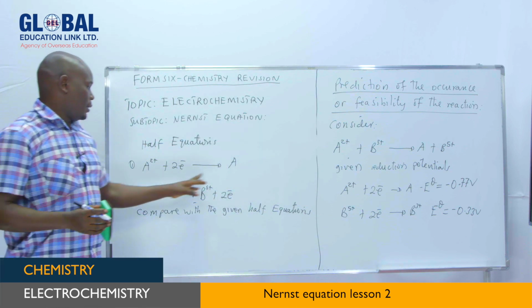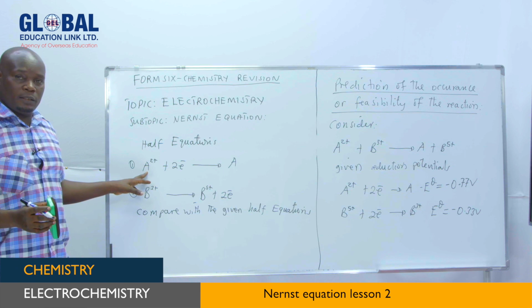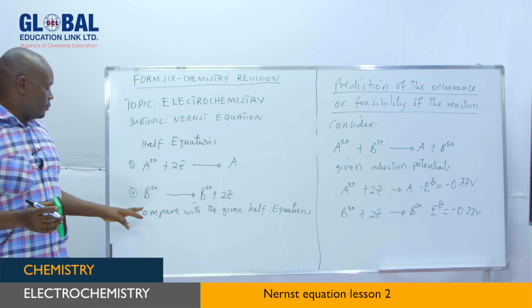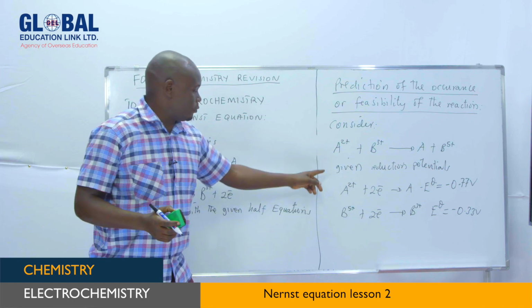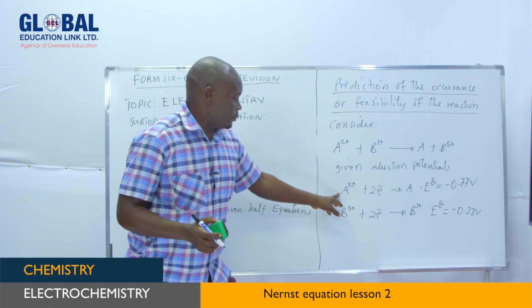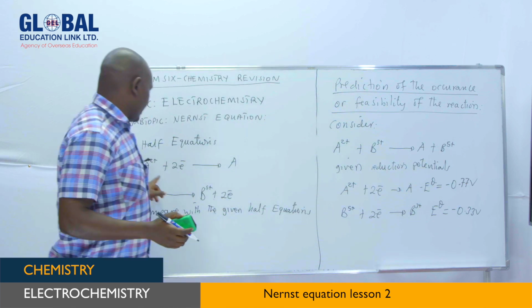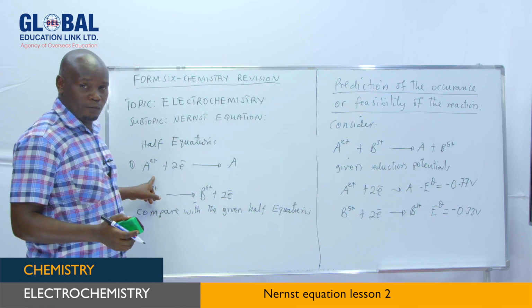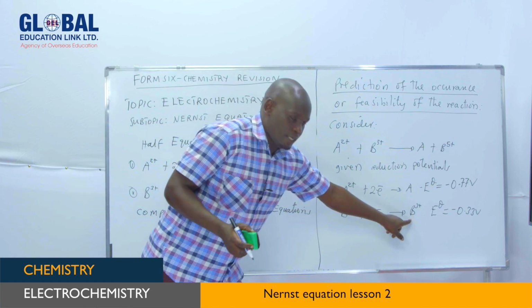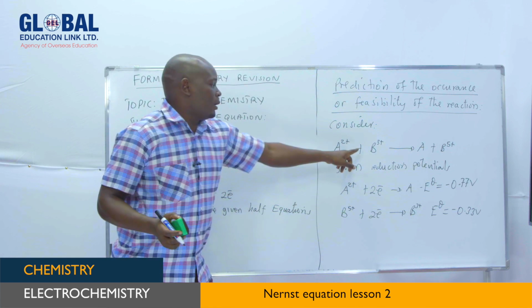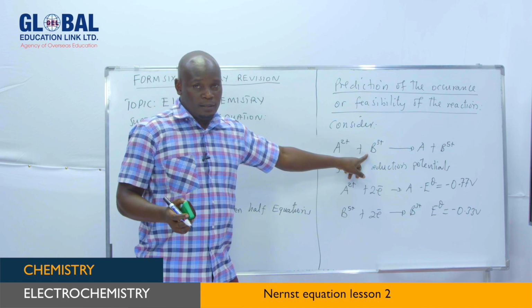Here, A is being reduced, but B is being oxidized. In our given half equations, A has been reduced, which is the same as the one we obtained from that reaction. But B has been reduced in the given data, whereas in our equation B is oxidized.